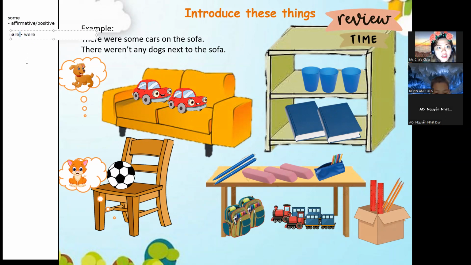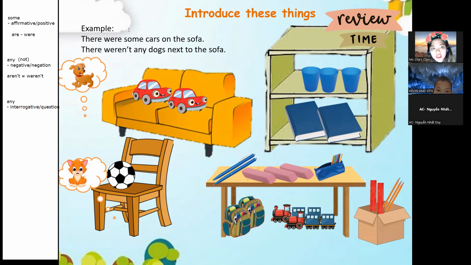On the other hand, we use any for the negative sentence, also called negation. So in here, it becomes aren't, past tense, weren't. And the magic word there is not. And also in any, we use this for interrogative or question pattern.